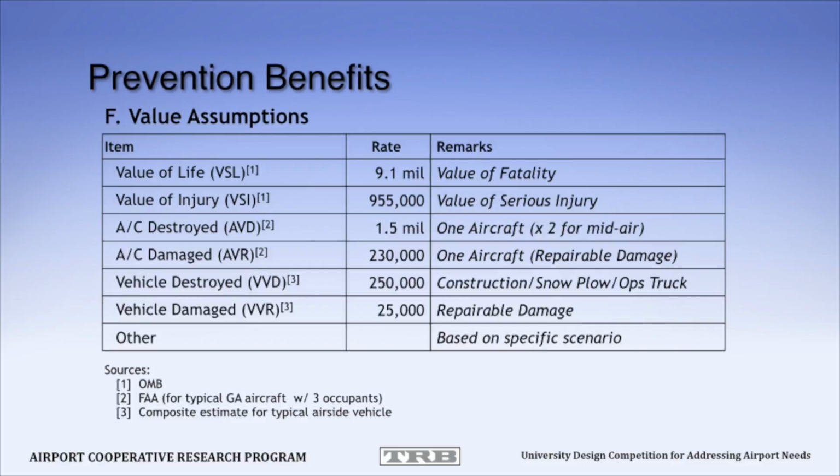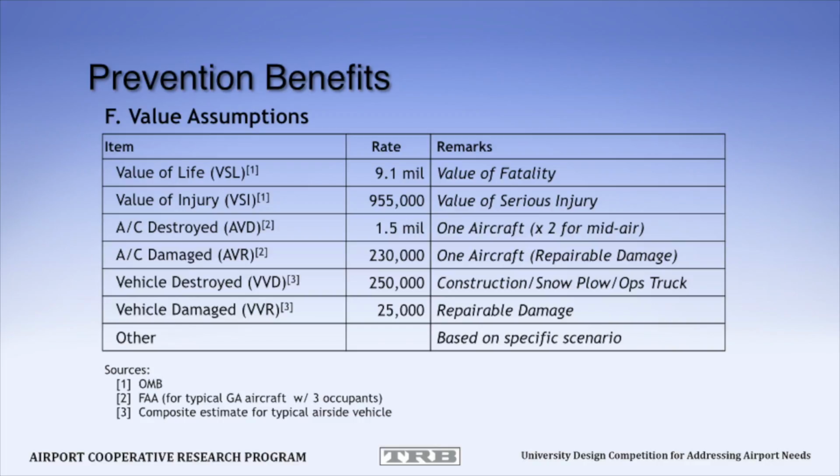Some other value assumptions, and this is where it gets a little more serious, is what is the value of an accident that might have been prevented? Looking at a more serious side of the benefit part of the cost-benefit equation is the value of maybe a life being saved or an injury being prevented.